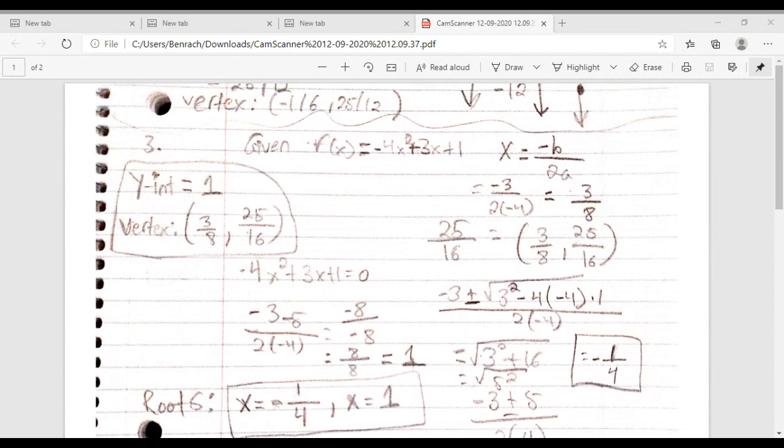And then I did the quadratic formula, and eventually I got negative 1 over 4.